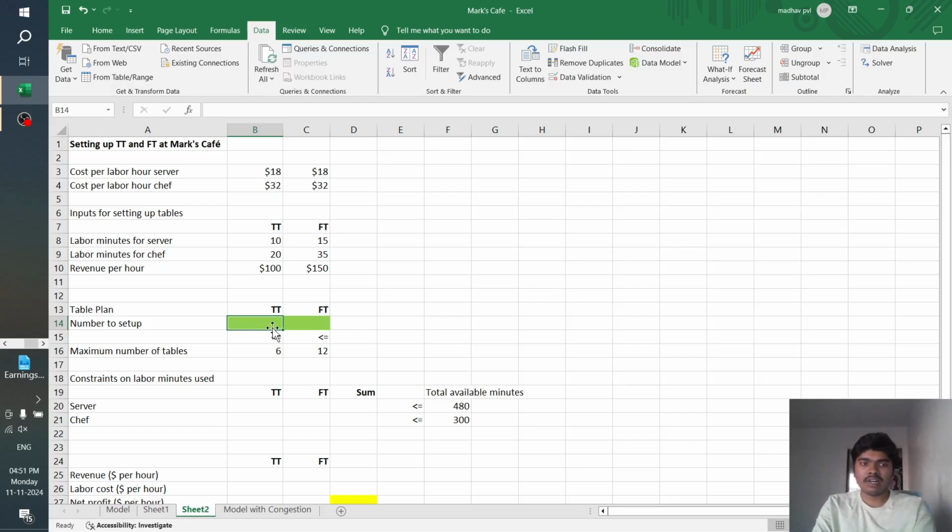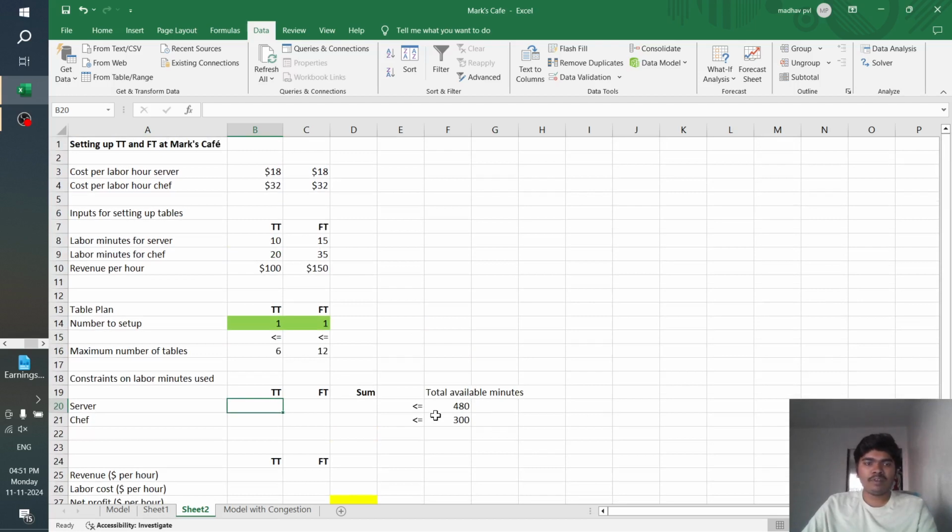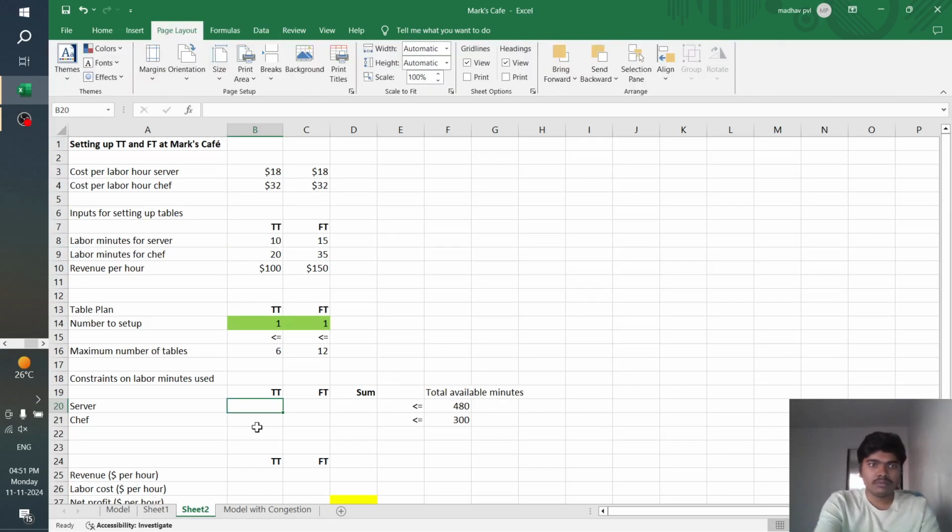Let's get started. For the initial stage, let's consider we have one table each, which does not violate the constraint on the maximum number of tables. To calculate the server hours, the number of available minutes: the labor minutes for the server is 10, so 10 minutes for table 1.